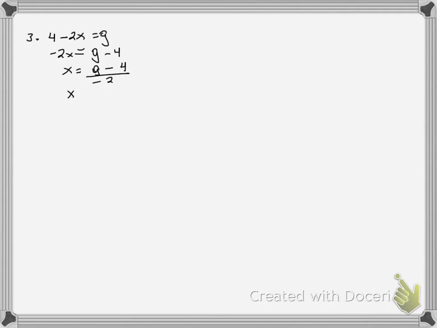I'll want to take that negative out of my denominator, so I will end up with negative g, distributing my negative sign through my terms in the numerator, negative g plus 4 divided by 2. Okay, so they give you the answer as 4 minus g divided by 2, and that means the same thing. So just be careful with things like that.